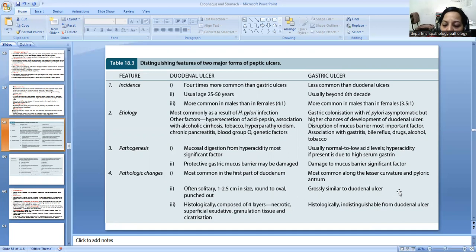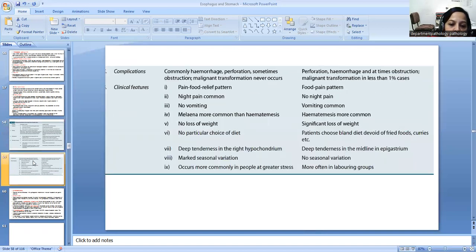And gastric ulcer is grossly similar, but this occurs most commonly along the lesser curvature and pyloric angle. Histologically, the duodenal ulcer is composed of 4 layers: necrotic, superficial exudative, granulation, and cicatrization. The gastric ulcer is almost histologically the same as the duodenal ulcer.